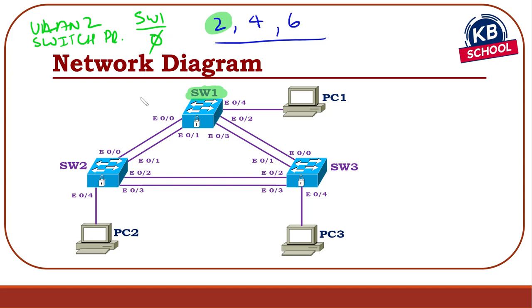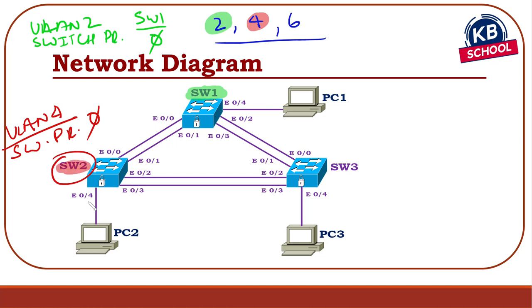The lower the better. Okay? But at the same time, what I can also do is for VLAN 4, I can go to switch 2 and say, I want you to have a switch priority for VLAN 4 as 0. So in that case, this guy will become the root switch for VLAN 4.